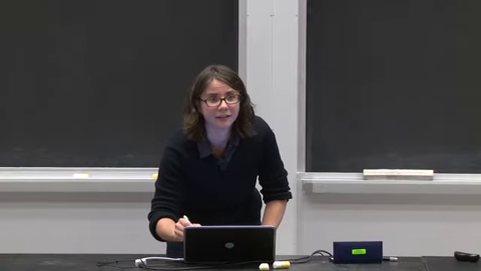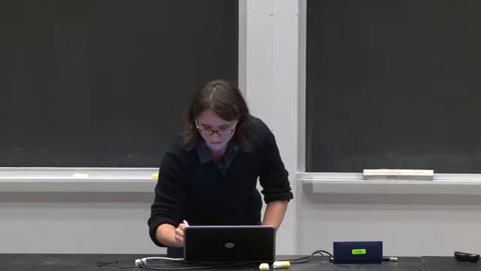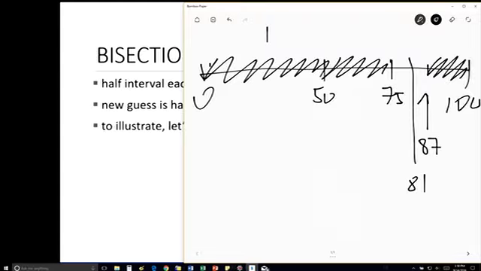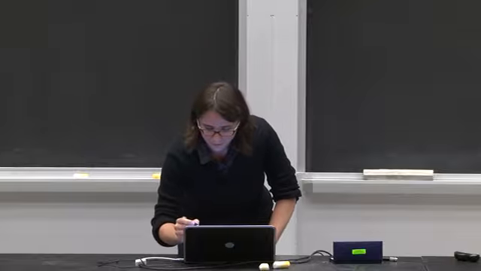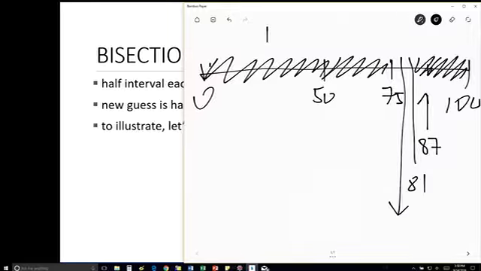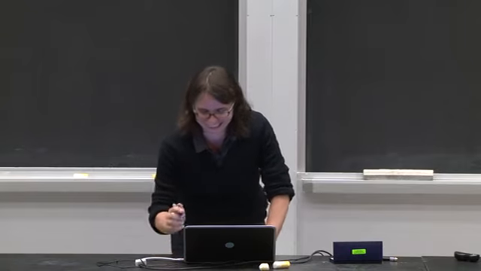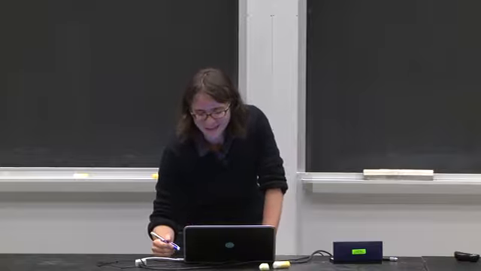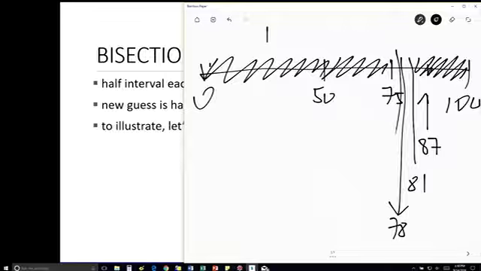Higher or lower? OK, so she said lower, so I'm eliminating that half. Is your number 78? Oh boy, that's really hard. 78, OK. Higher or lower? Is your number 76? Yay. All right, perfect. 76 was the number.